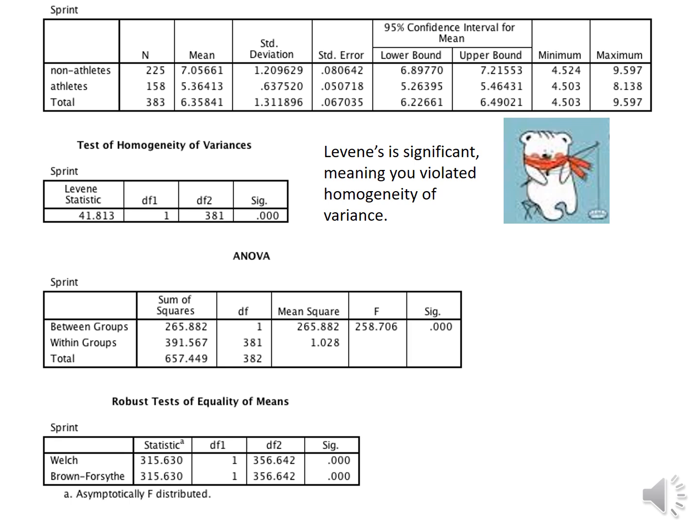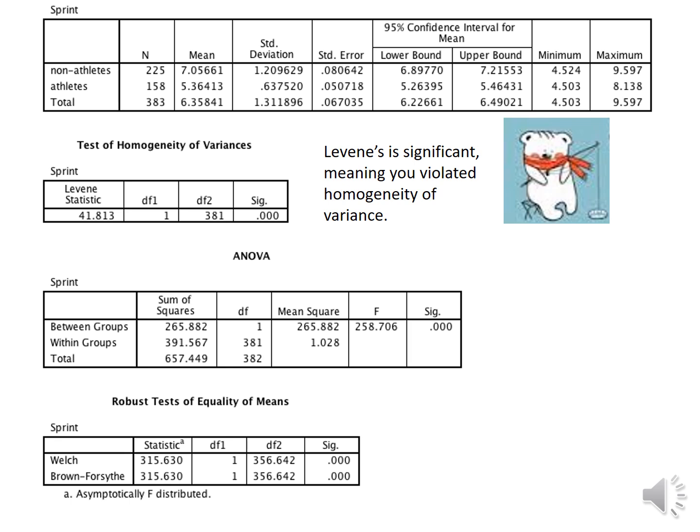If we look into the test of homogeneity of variances, we can see that the Levene statistic is significant. We can say that it is significant because it is below 0.05. Levene's is a test to see if the variances are homogeneous or not.